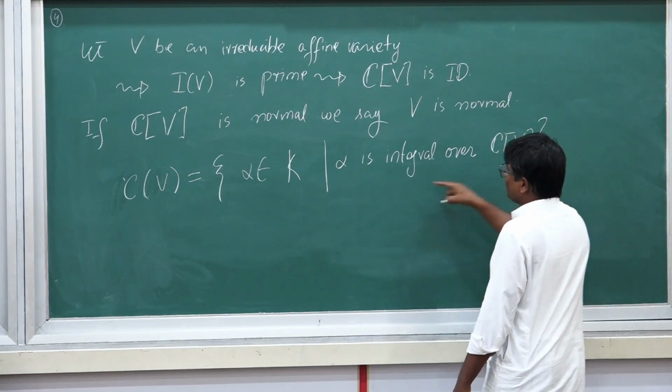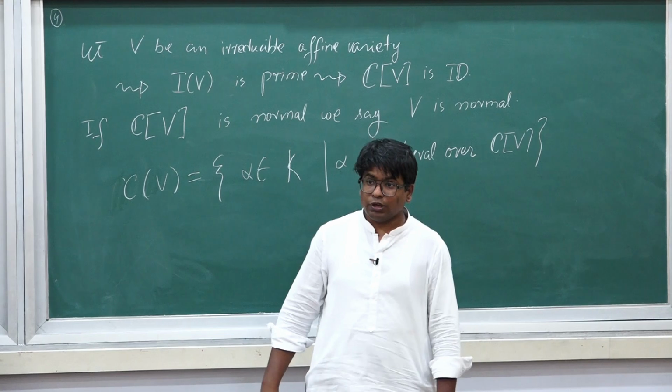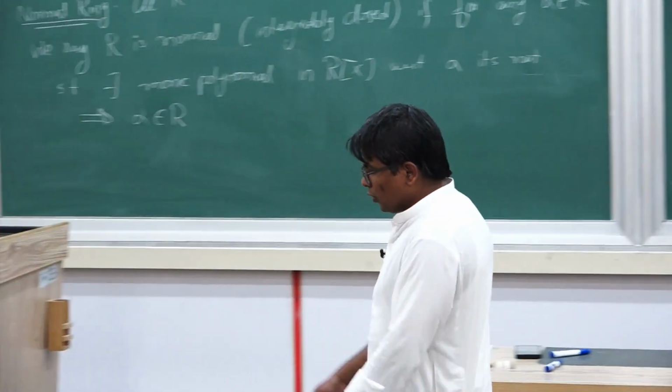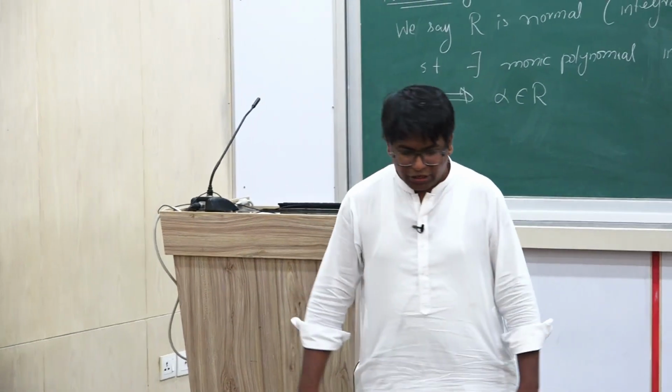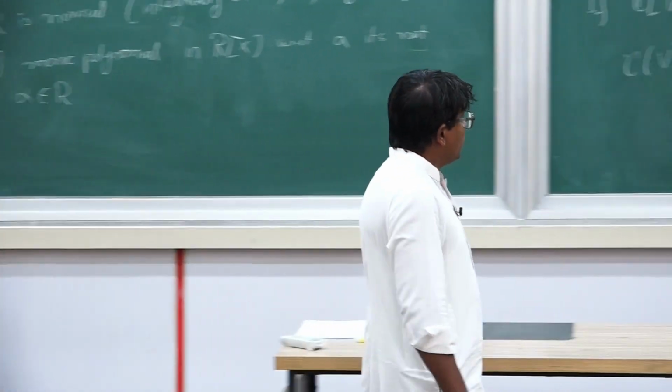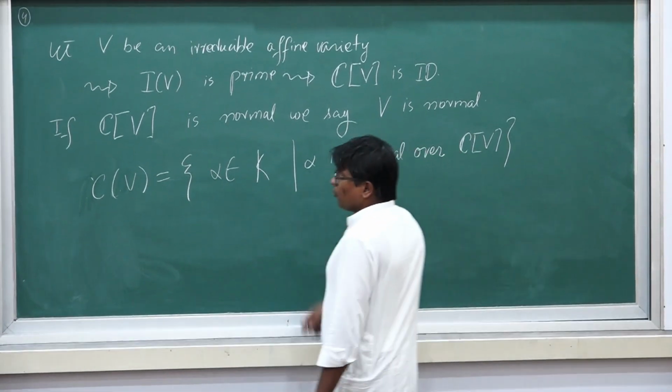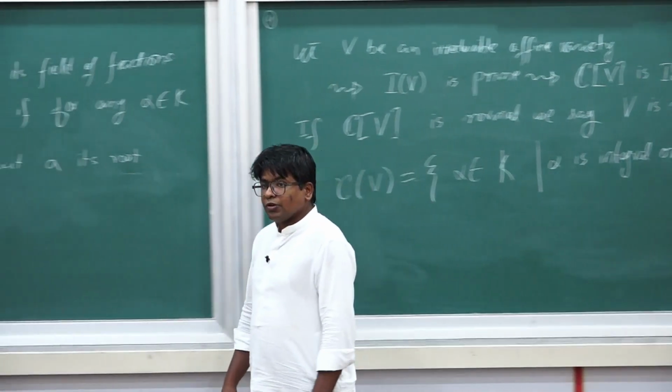What does it mean? It means that alpha is the root of some monic polynomial. Then you can create this extension, and this extension is a finitely generated algebra again, and this will give you a normalized variety corresponding to variety V.